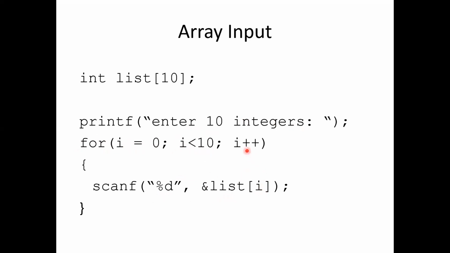Okay, and then it will increment, and then therefore I will become equal to 1. And this is still true. So therefore, the second value will be stored in the address of list 1, and so on, until this condition will become false.